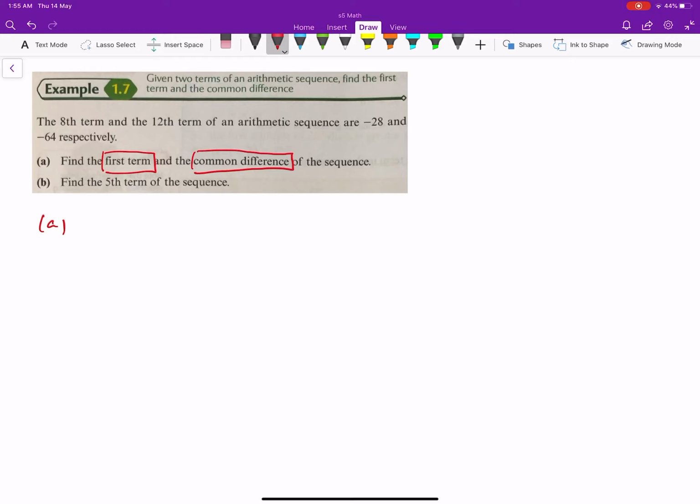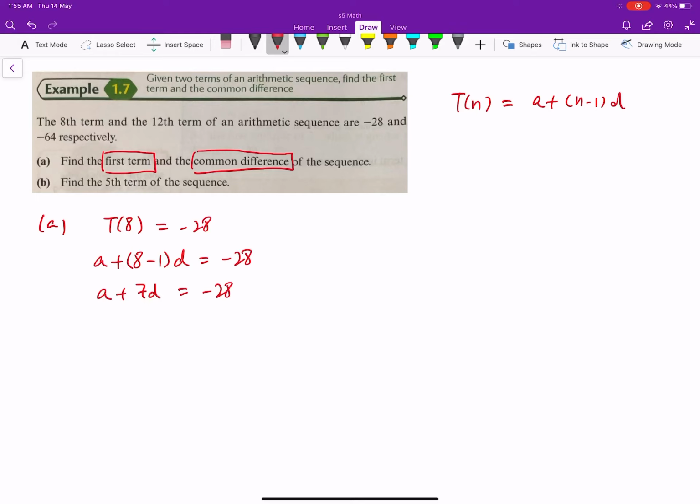So we first remember Tn is A plus n minus 1 D. Now we get the 8th term equals to negative 28. Then we put the 8 into the n, so we get A plus 7 D equals to negative 28. Here we are going to find A and D, right? So I think you should be familiar with this. Two unknowns. So we just get this equation 1.